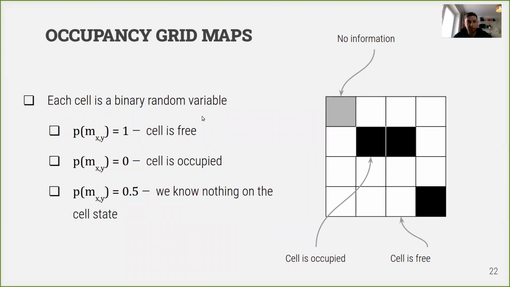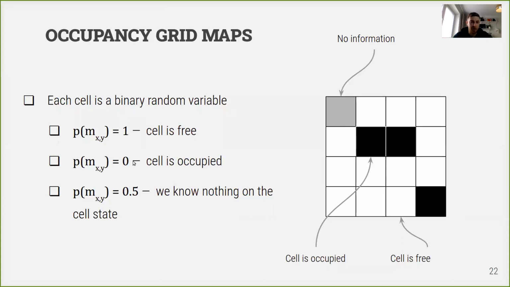each cell can be represented by a binary random variable, because each cell contains a number which tells us either there is an obstacle or not. If the number stored in a cell is equal to 1, we consider the space to be free. So white squares are free.